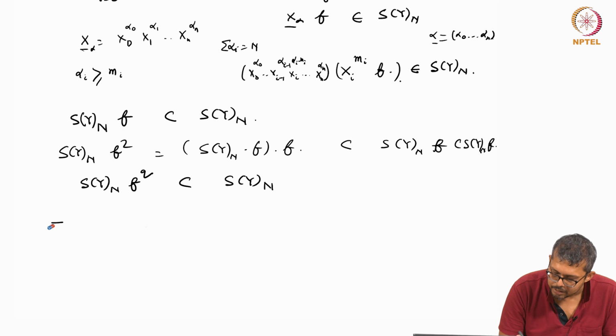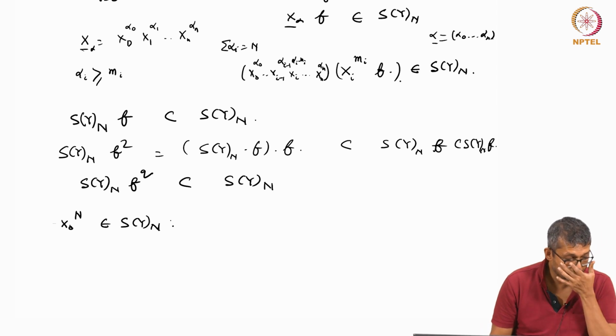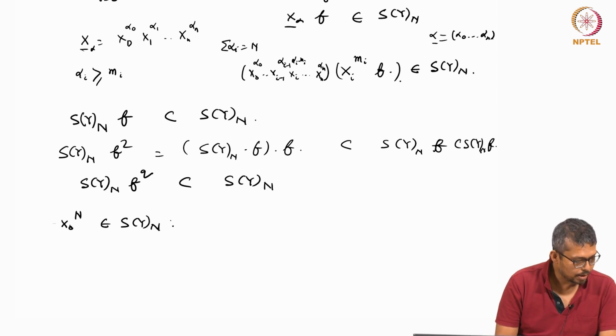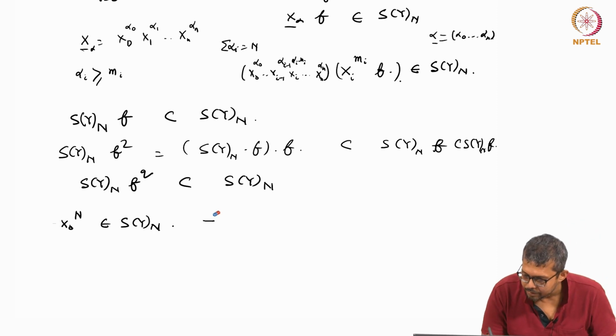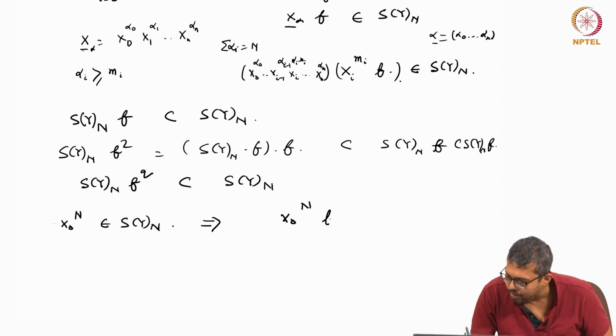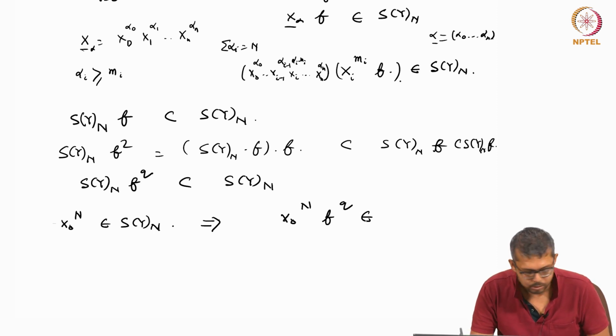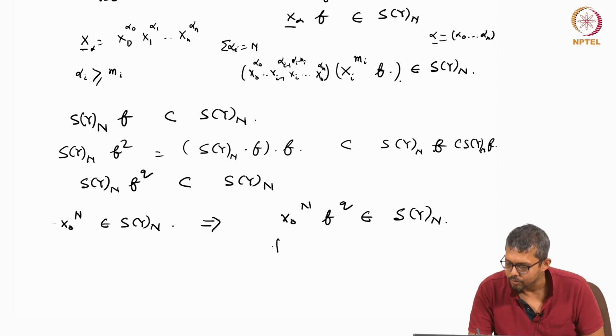Take the monomial, say x naught power N, which is an element of S_Y of N. Then x naught power N times f power q belongs to S_Y of N for every q.